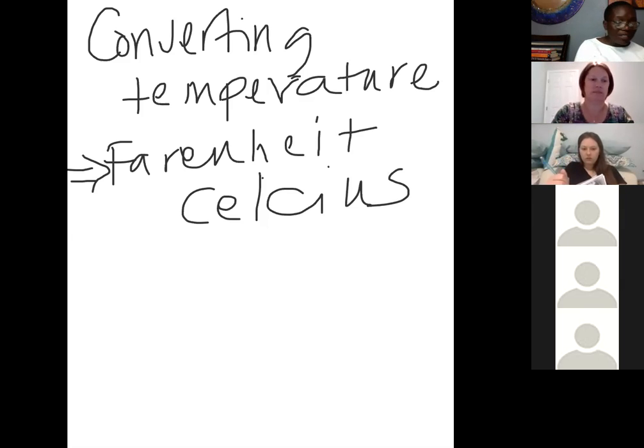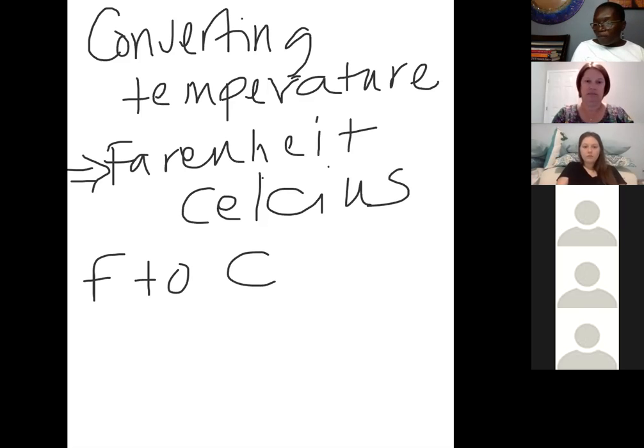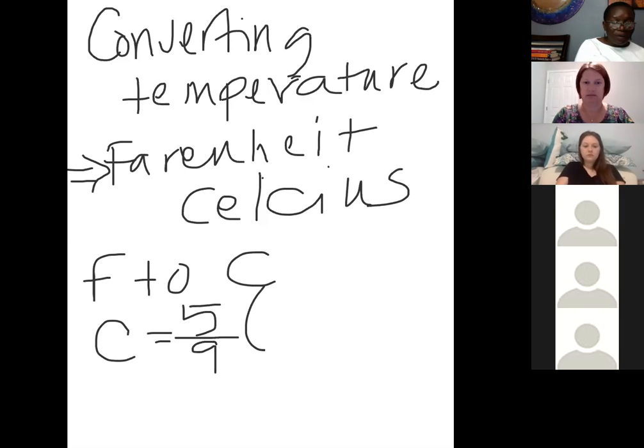So if I wanted to convert Fahrenheit to Celsius, guys, the formula I use for that is C equals 5/9 times the quantity F minus 32. I'm putting a C here. That's supposed to be an F. F minus 32. All right. That's to convert Fahrenheit temperatures to Celsius.